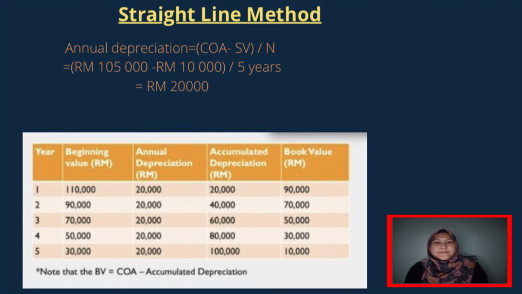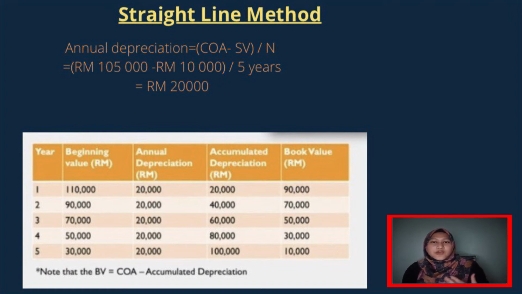This is the depreciation table, and it is a format table for each method. Just the amounts in the table are different. Alright, remember that the beginning value always starts with COA for each method. Then annual depreciation is 20,000, the same every year.